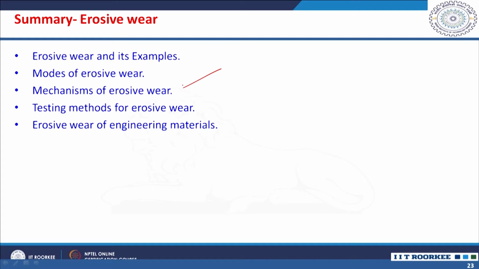So, the mechanisms of erosive wear are plastic deformation or brittle fracture. Under these categories you will have cutting and ploughing. There are also inherent internal mechanisms like abrasion, fatigue, or melting, or secondary effects followed by this deformation or brittle fracture.